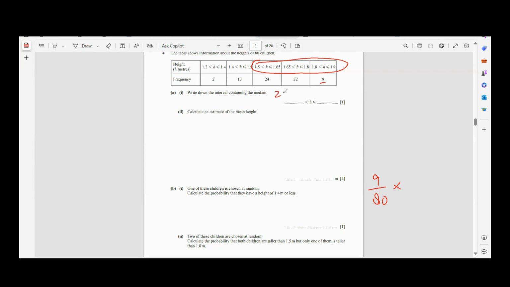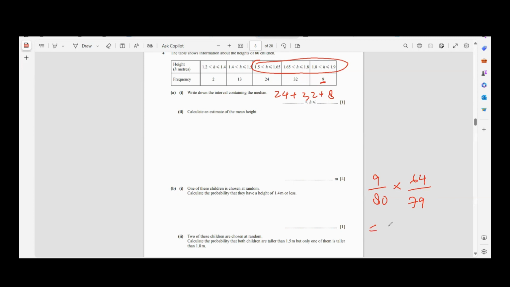So 24 plus 32 plus 8, we already took 1 from here, so it should be 64. So 64 over 79 because we already took 1 previously.